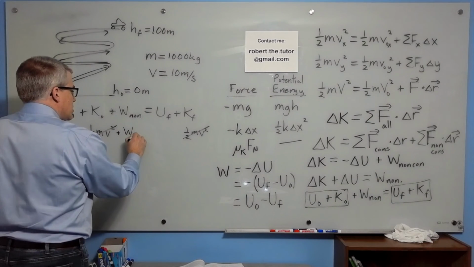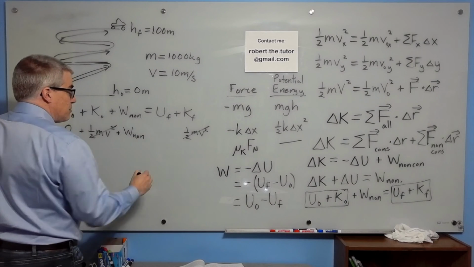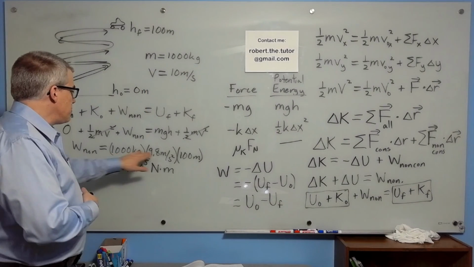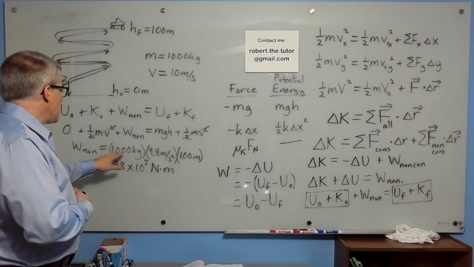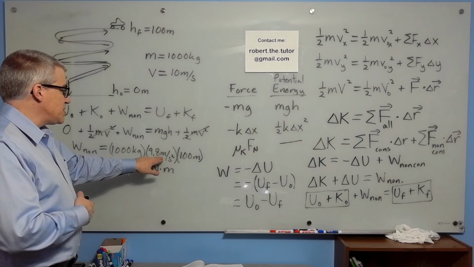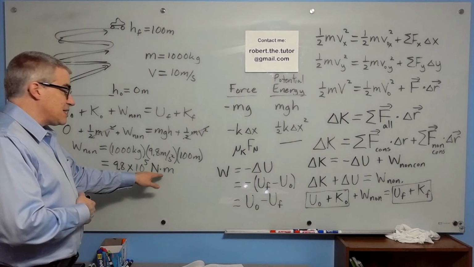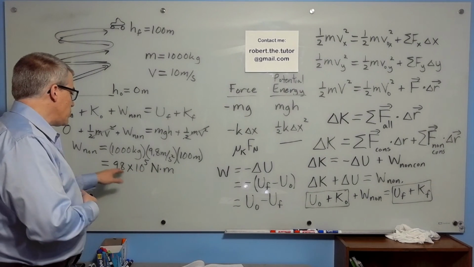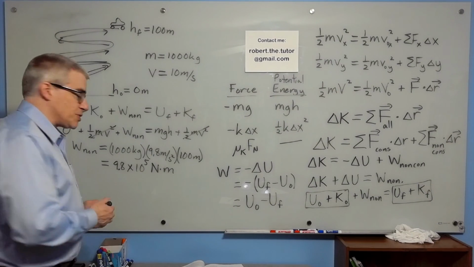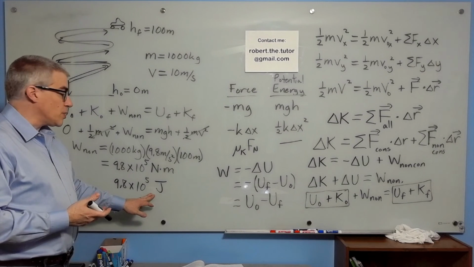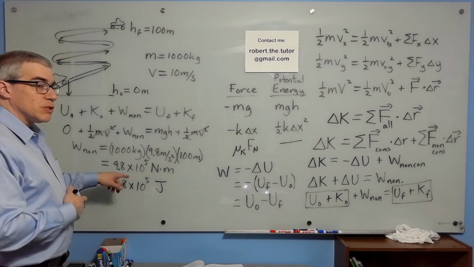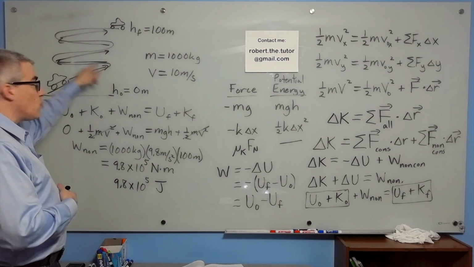So the work done by non-conservative forces, i.e. the motor, is mgh: 1,000 kilograms, 9.8 meters per second squared, 100 meters. That's 9.8 times 10 to the 5th newton meters, or 9.8 times 10 to the 5th joules. Joule is the unit for energy and work. That was a lot easier than working out a whole bunch of dot products.